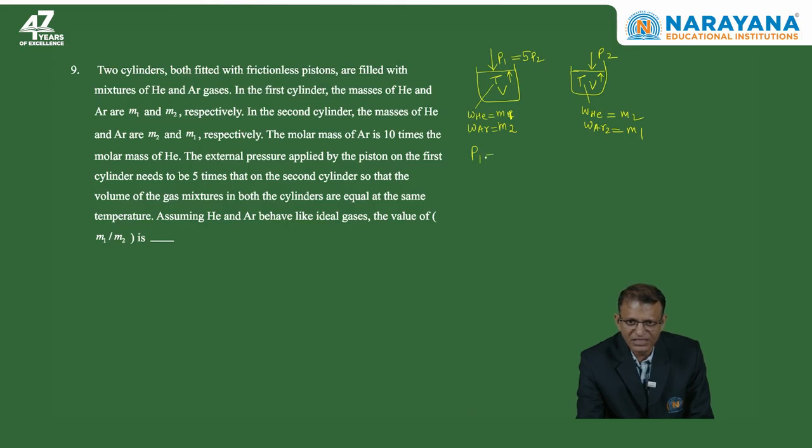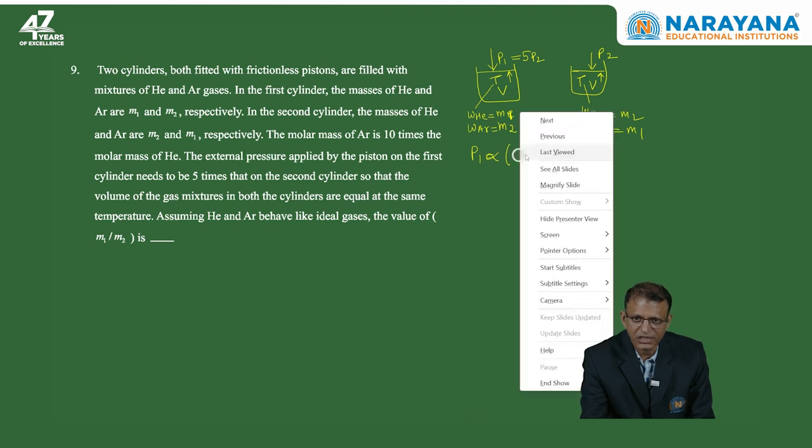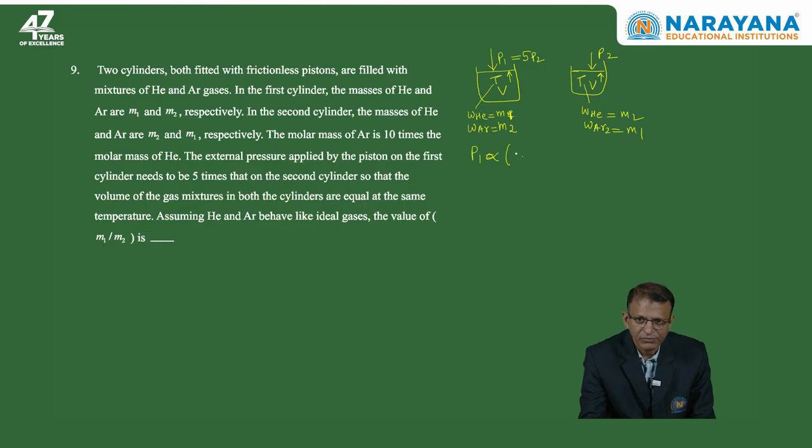So P1 is directly proportional to the number of moles in the gaseous mixture, that is equal to the mass of helium gas divided by the molar mass of helium gas. So this is M1 divided by 4, the molar mass of helium, and the number of moles of argon gas is equal to M2 divided by the molar mass of argon, which is 10 times more than that of helium, that is 40.